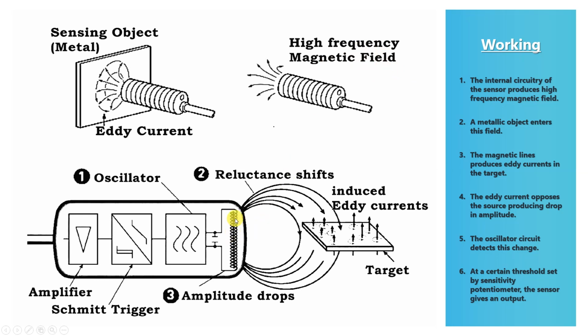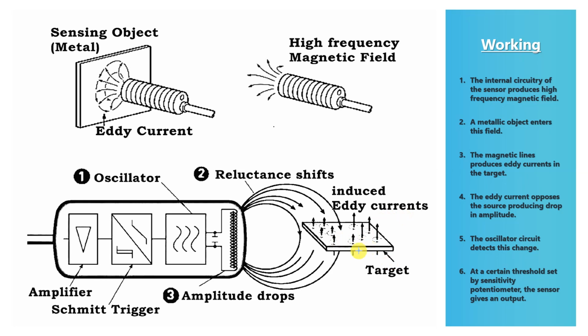Internally there is an inductor coil that is attached to an oscillator circuit, right? And as this oscillator circuit is powered, it generates magnetic lines of force. As the metal target is moved inside this field, eddy currents are induced in the target itself.